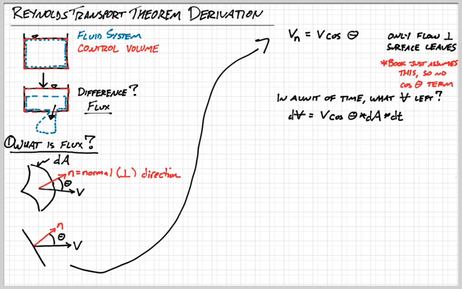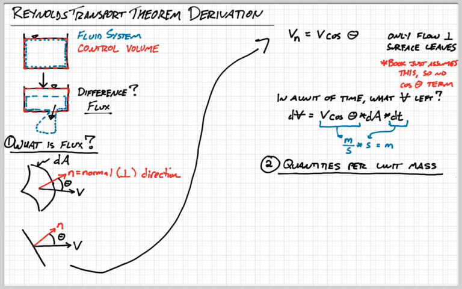And so the incremental volume dV could be defined as v cosine theta times dA times dt. So I snuck those little d's in there. And there I'm just proving to you the units of meters per second times seconds gives me meters. That times area gives me meters cubed. So we've covered item 1, what is flux.